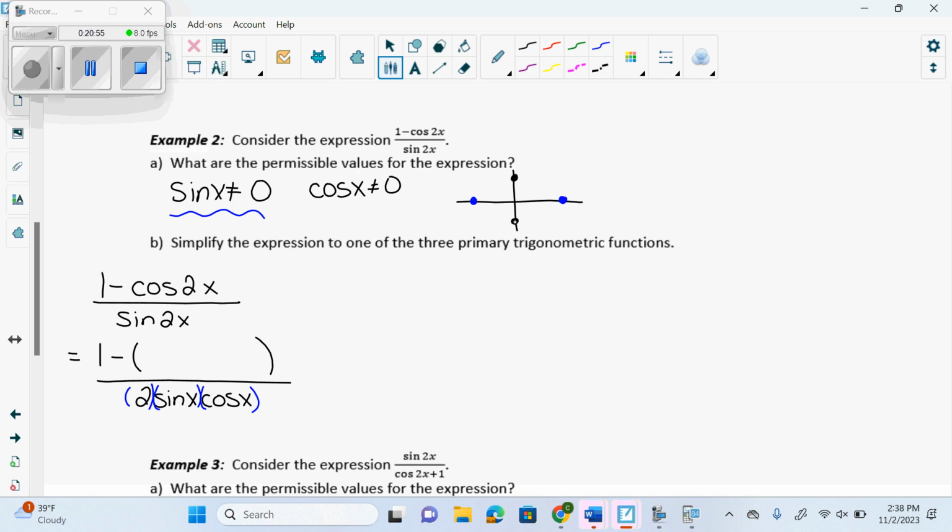It can't happen, technically. So I start off with my smallest positive, and I say x can't equal 0 degrees. That's my smallest, it's right here. And the next one happens at 90, then 90, then 90, then 90. Or I could go the other way, negative 90, negative 90, negative 90, right?